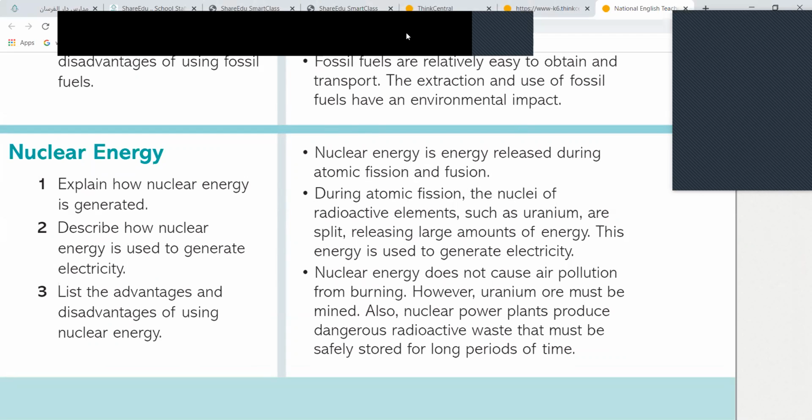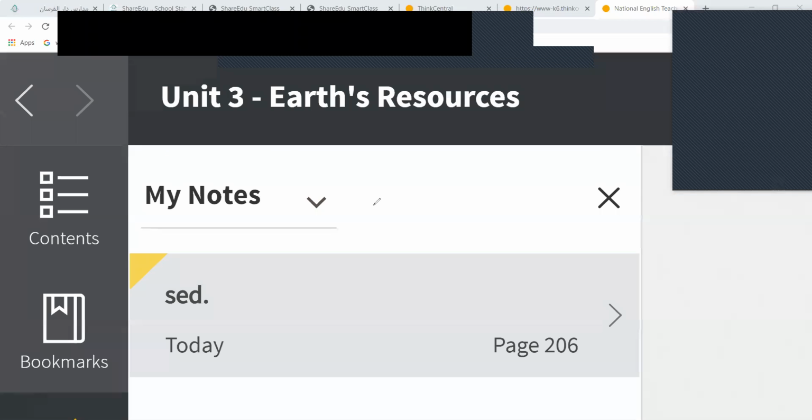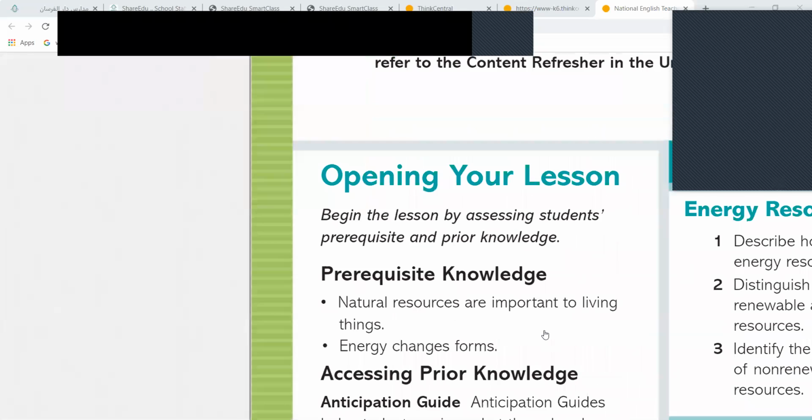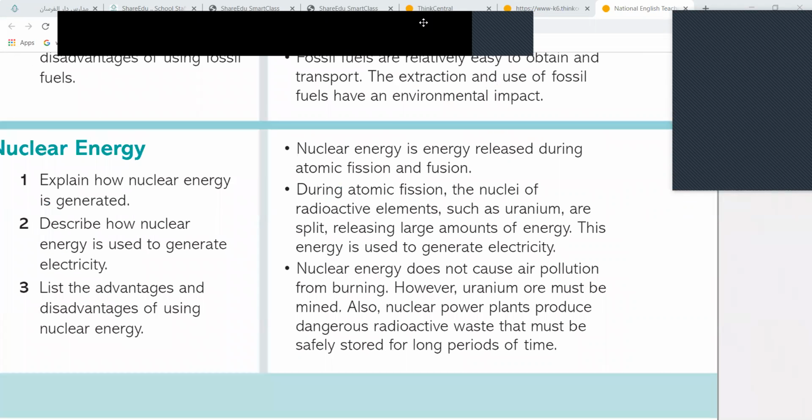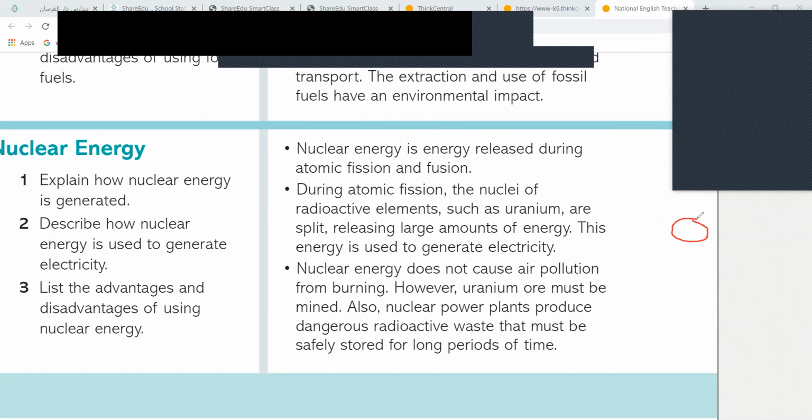So this atom, 1 minute. Every atom, for example, this is an atom here. Okay, this is an atom and there's a nucleus inside. Every atom splits, and when it splits, the nucleus divides.